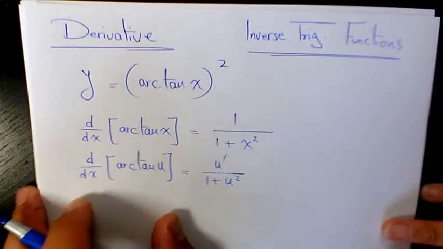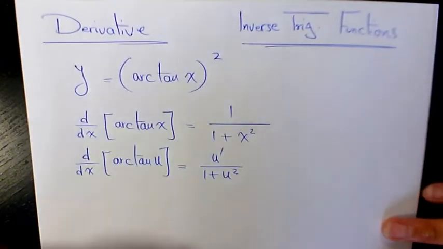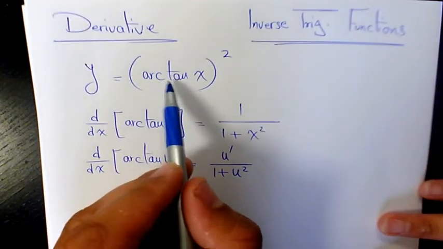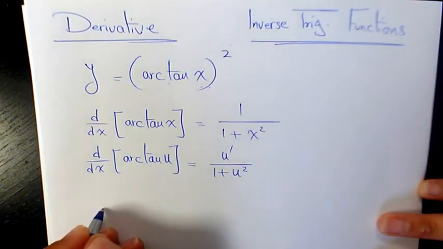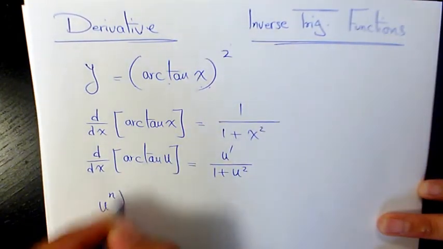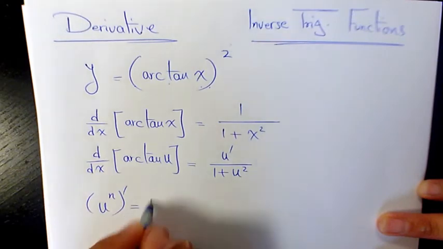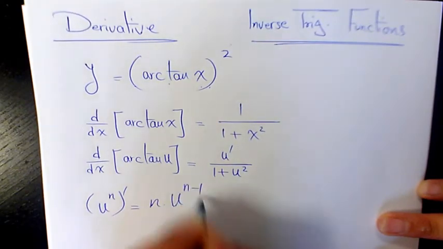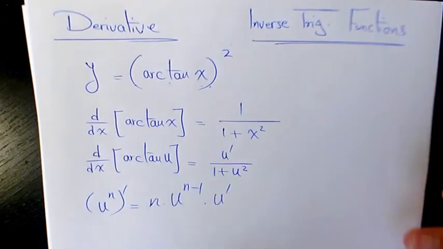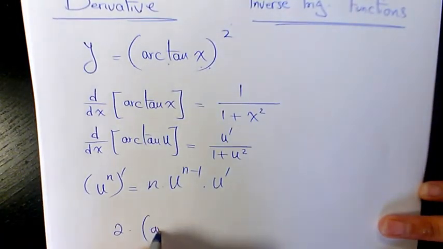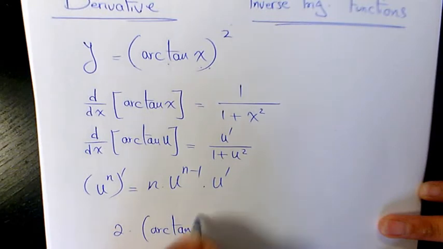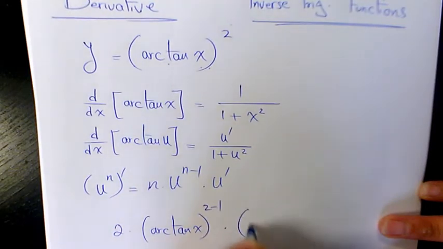So in this case, we have arc tan x to the power of 2. You remember, when you want to find the derivative of u to the power of n, that's going to be n times u to the power of n minus 1 times u prime. So we have exactly the same thing here. It's going to be 2 times arc tan x to the power of 2 minus 1 times the derivative of arc tan x.